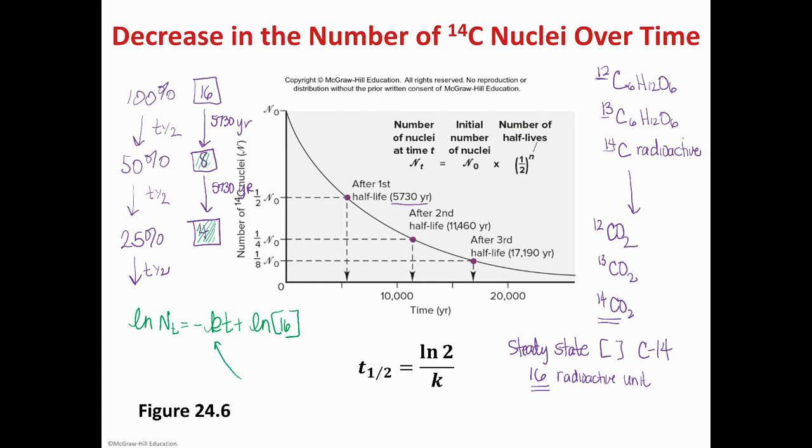And we know k because we have the half-life. So k equals 0.693 over 5,730 years. And so we can use that here. Then the amount of carbon-14 is measured when we find that bone, let's say, so we can solve for the time. And then that will tell us when that animal died.